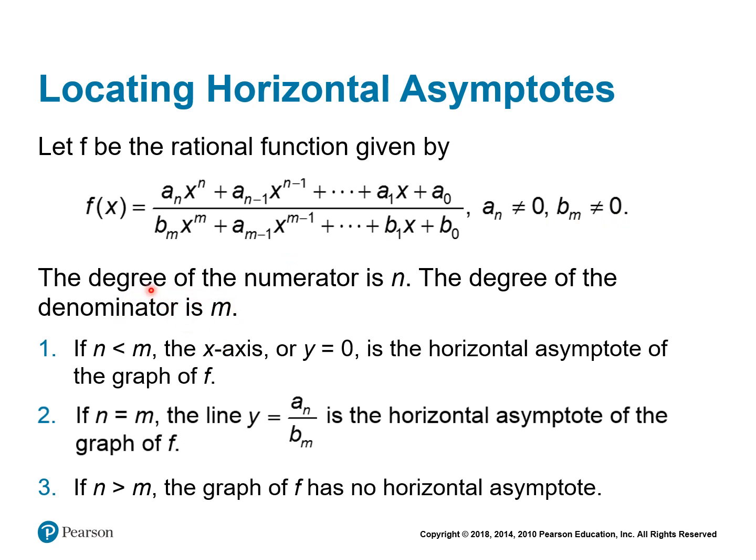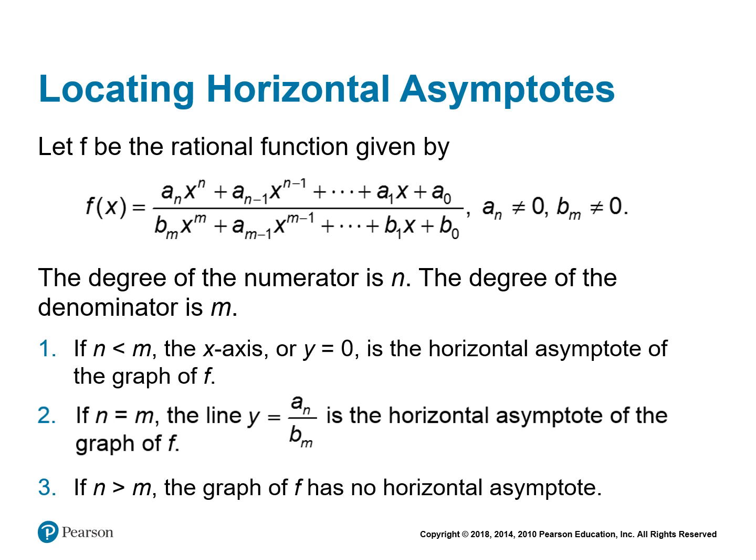Then the degree of the numerator is n and the degree of the denominator is m. What this means is, in order to find the horizontal asymptotes, we need to make a note of the degree of the polynomial in the numerator and also that of the denominator.